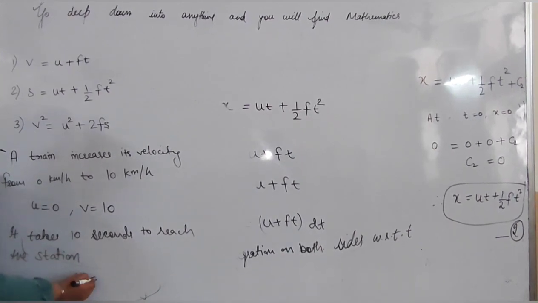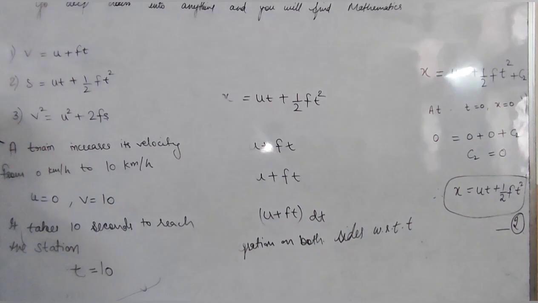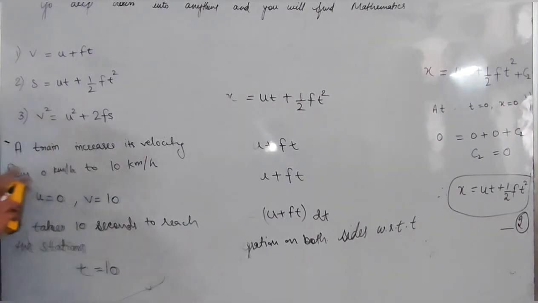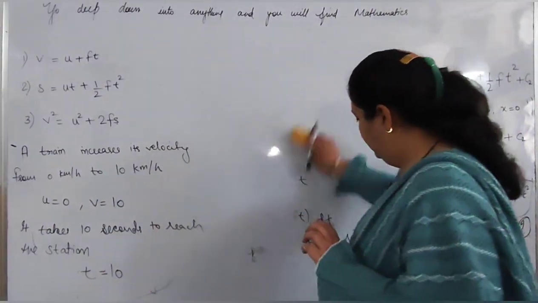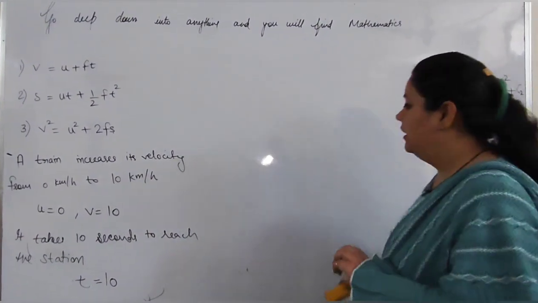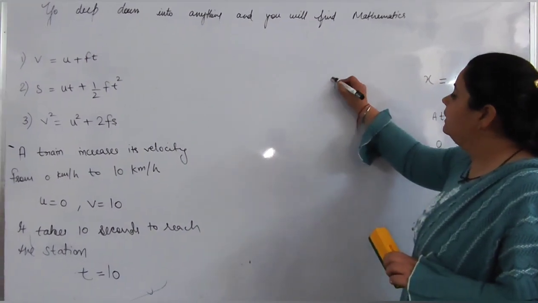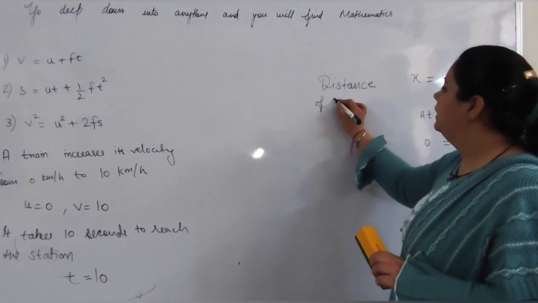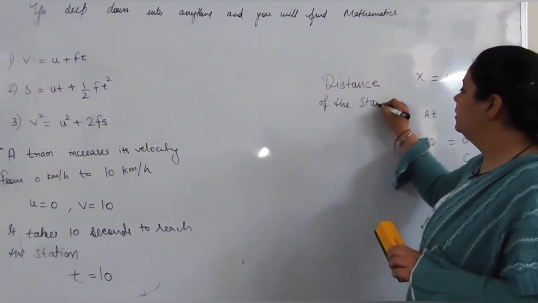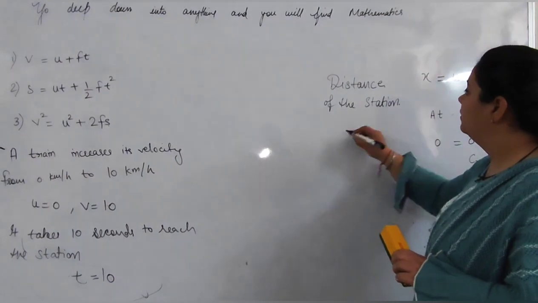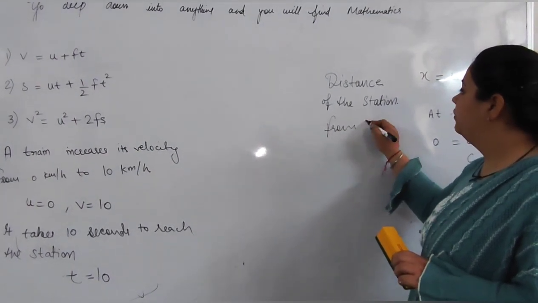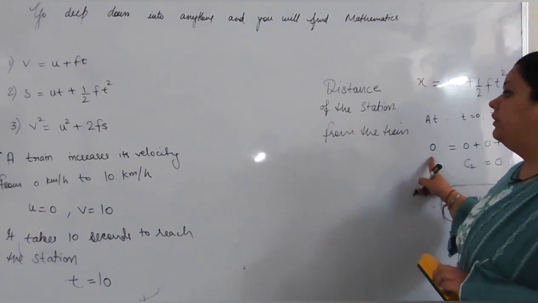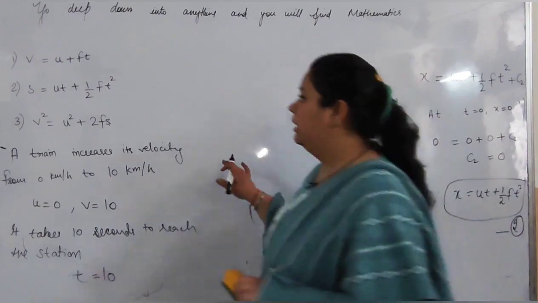That implies here t is given to us as 10, and in the last they say find the distance of the station from the train. Right? Now we can use any of these three formulas.